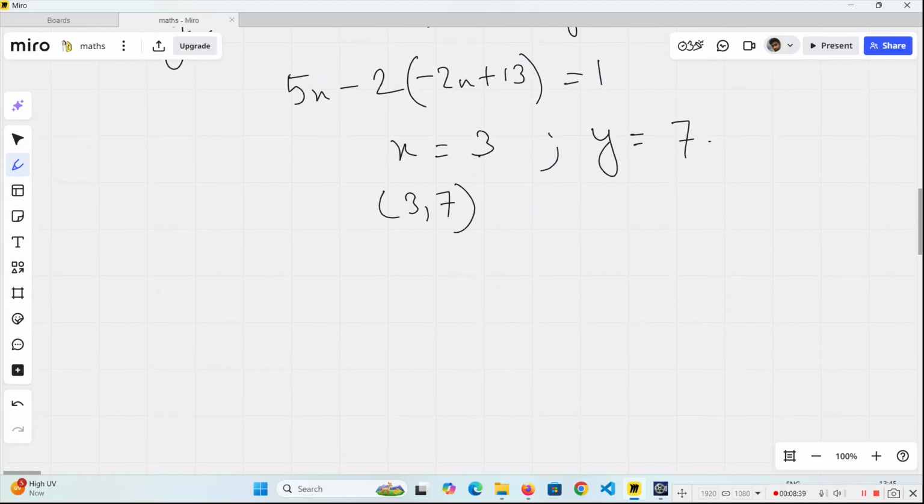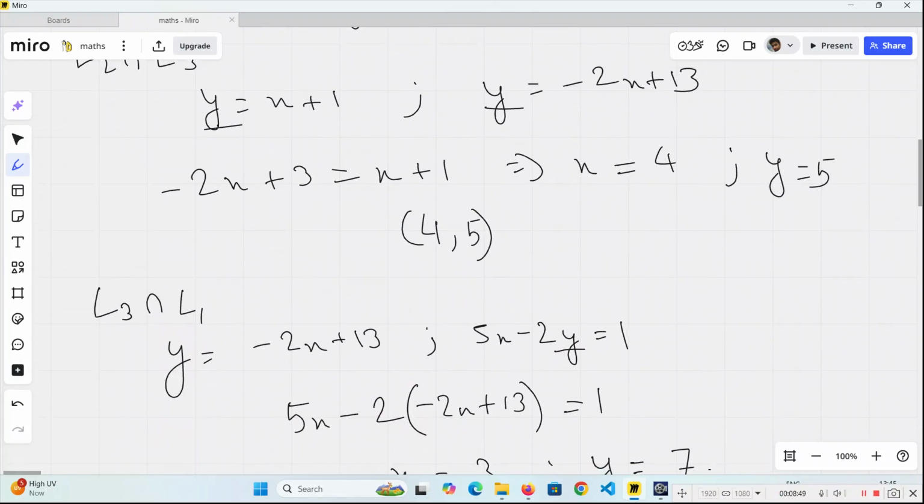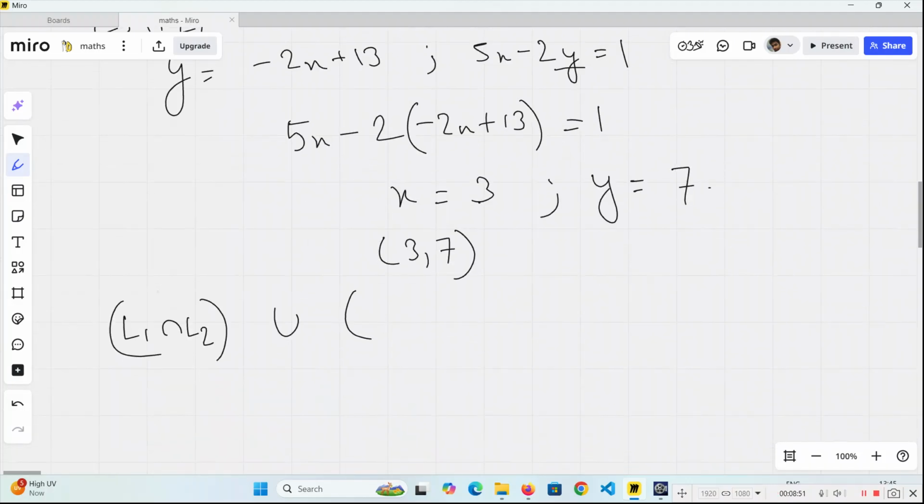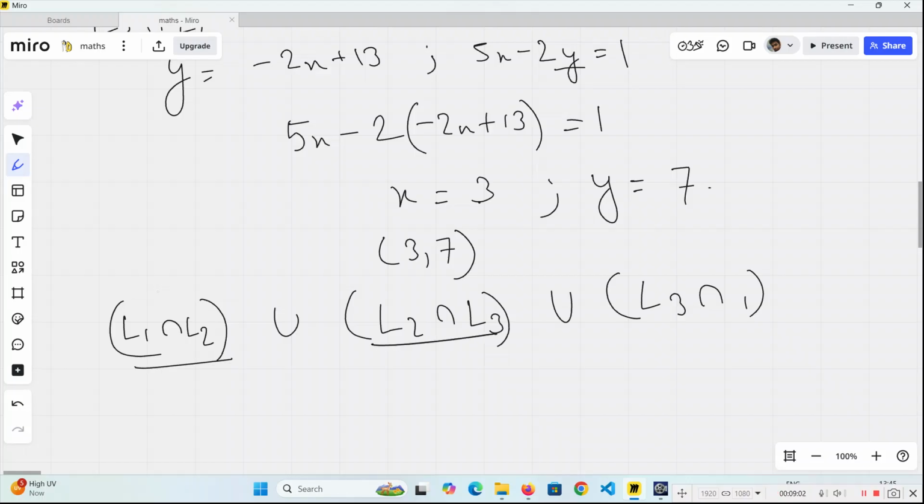So how many intersection points did we get? There are 3. What they have asked for is L1 intersection L2, union L2 intersection L3, union L3 intersection L1.